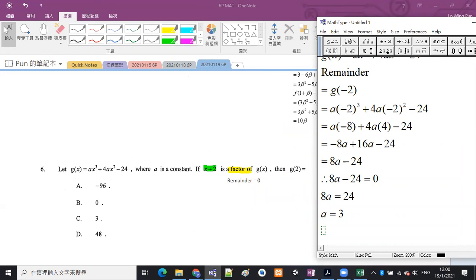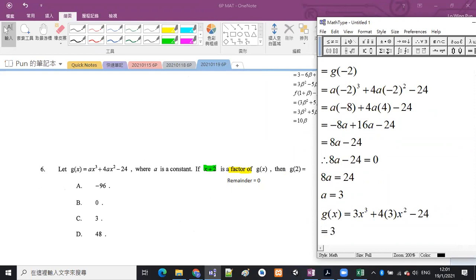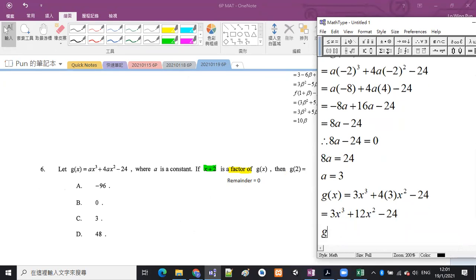So we have the complete information of g(x) now. g(x) is equal to 3x cubed plus 4 times 3x squared minus 24, which is actually 3x cubed plus 12x squared minus 24. Then the question asks you to find g(2).